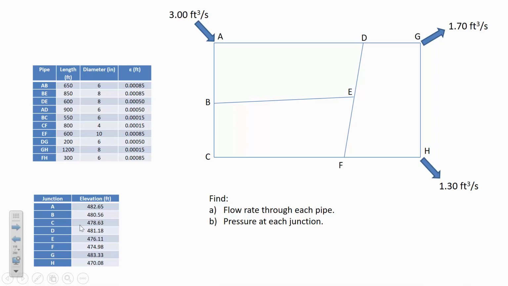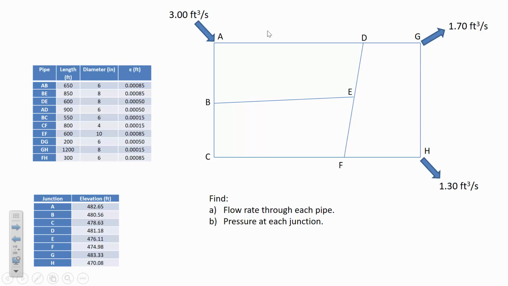What I was just mentioning about finding the pressure at each junction: you have the pipe characteristics, the inflows and the outflows, and the first thing you'll do in the homework is split up the flow manually, writing on the paper to figure out the 3 cubic feet per second, a certain amount is going to go that way, a certain amount this way, and here a certain amount will come from one direction and a certain amount from the other.